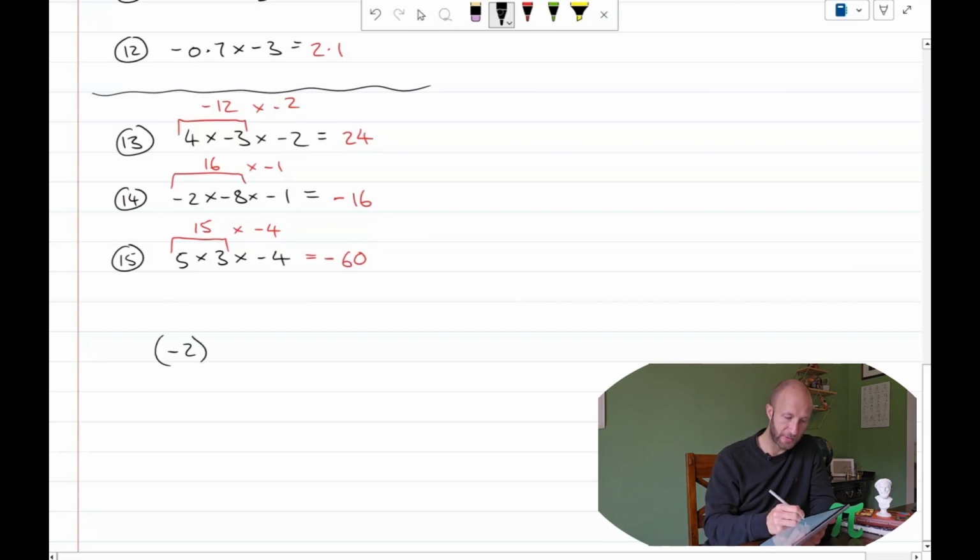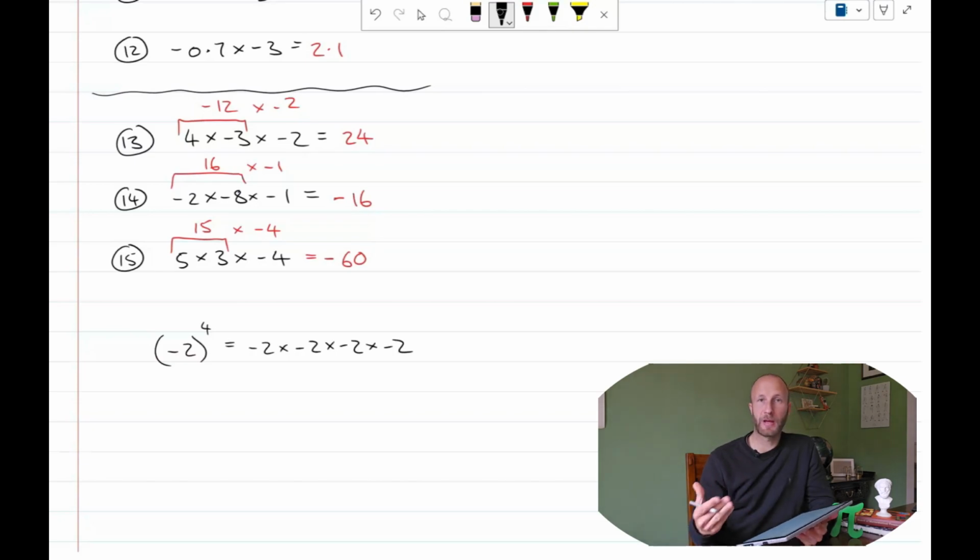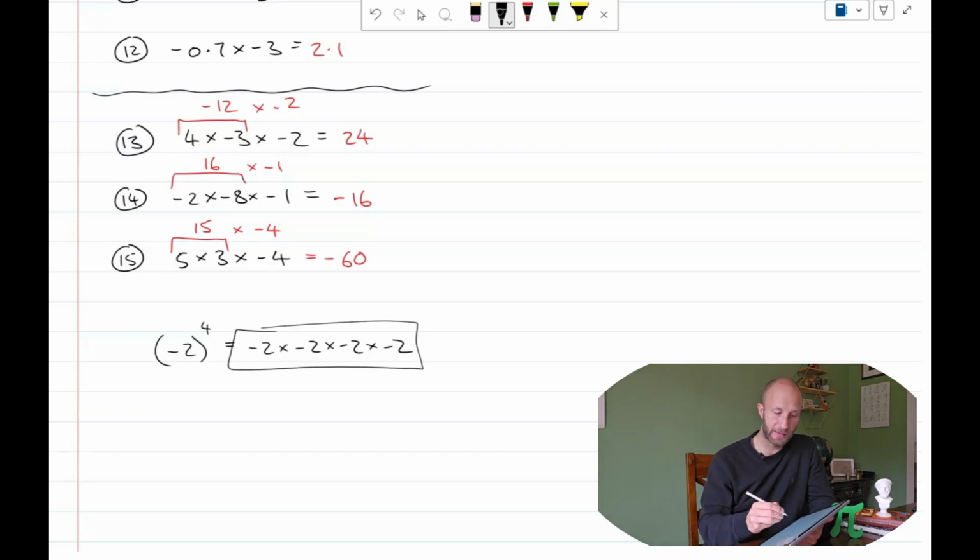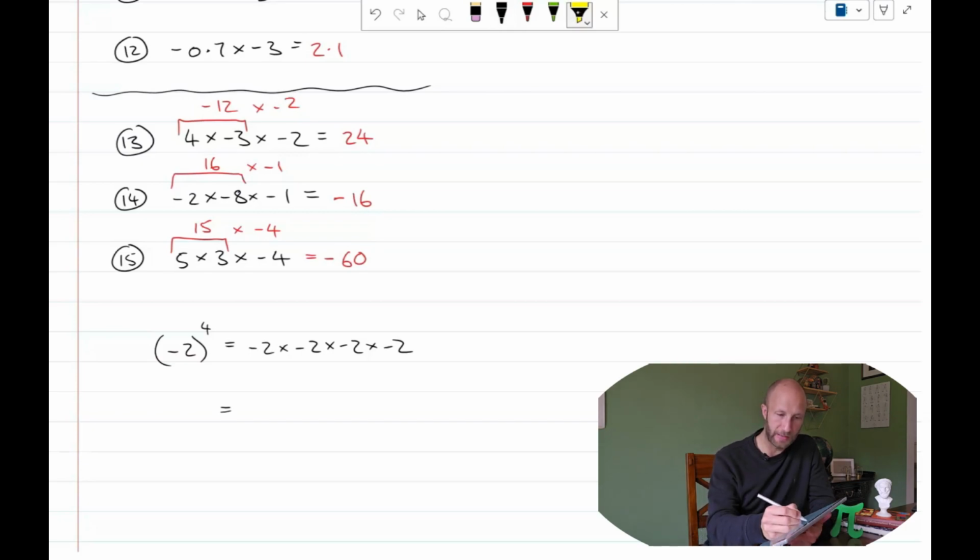And then you can actually think about things like powers. So if you have a negative to a particular power, minus 2 to the power of 4, so to the power of 4 means multiplied by itself 4 times over, and you can think about how many negative signs there are, or you can stack them up as you go along. But you'll notice when you have an even power, you get an even number of negative signs, and they will all cancel out, so you'll actually get a positive answer for this.